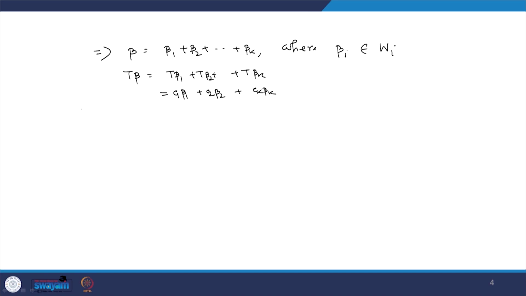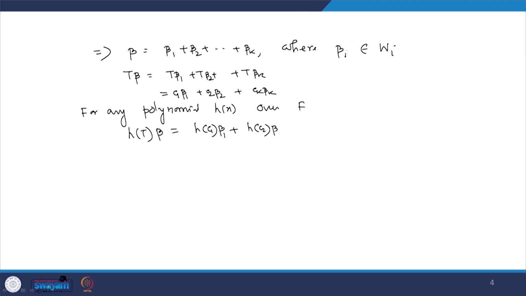In general, for any polynomial Hx over the field capital F, if you consider, then Ht operating on beta will be equal to Hc1 beta 1 plus Hc2 beta 2 plus Hck beta k.